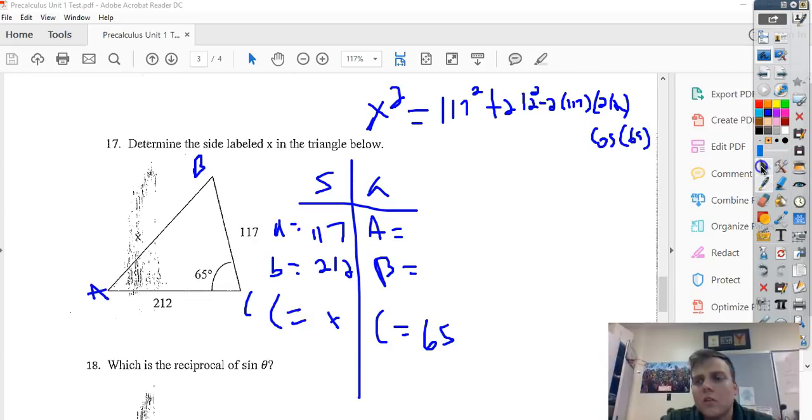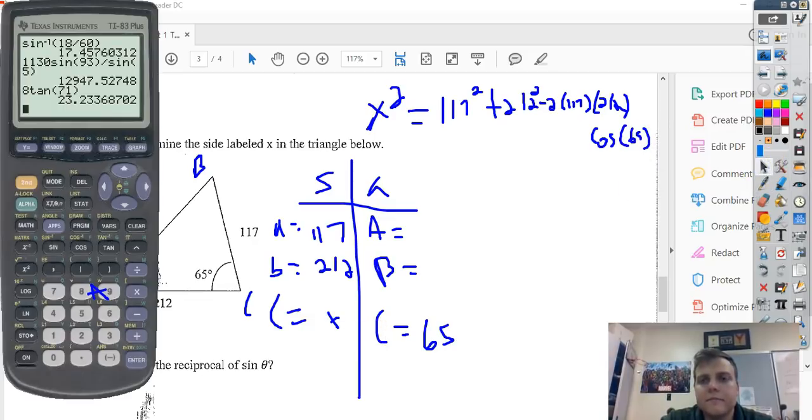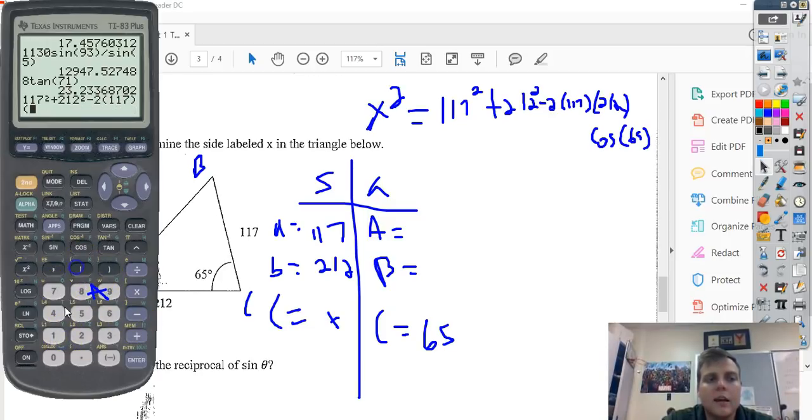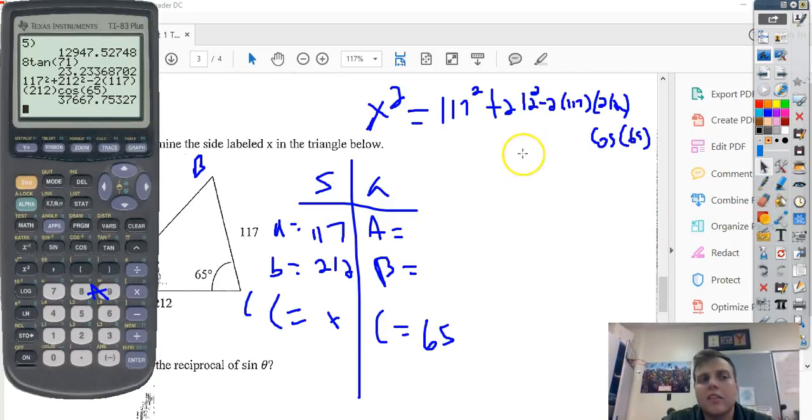Okay, so now I grab my handy dandy calculator. I say 117 squared plus 212 squared minus 2 times 117 times 212 times cosine of 65. I press enter, and I get 37,667.